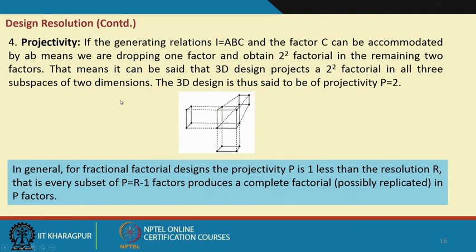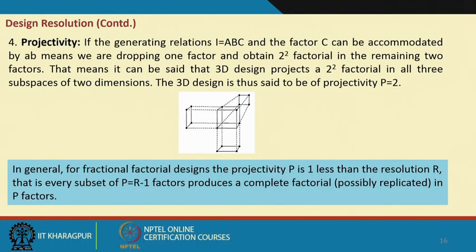As I told you, any fractional factorial design of higher order is basically a full factorial design at the lower order. That is known as projectivity. So, if you project a higher dimensional issue into a lower dimensional issue, you will have full information at the lower dimensional issue. Interestingly, suppose it is a 2 to the power 3 minus 1 design, then projectivity is 2, because in 2 dimensions it is full factorial, all factorial points are captured.